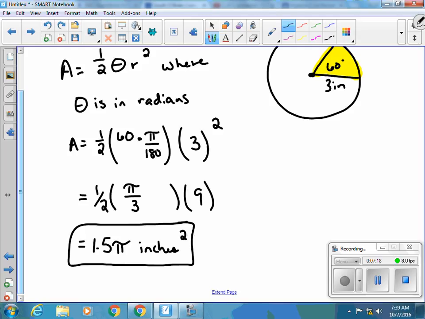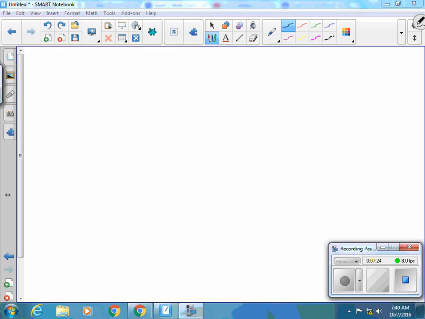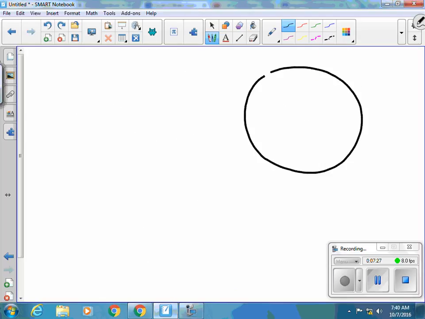We're going to do another one of these just for good measure to make sure that we are okay. Let's say that my circle's getting a little bit bigger here. And my degree measure is 135. And my radius here is going to be 6 inches.